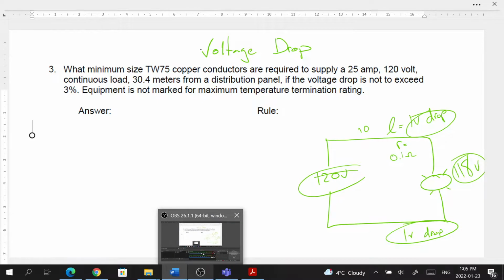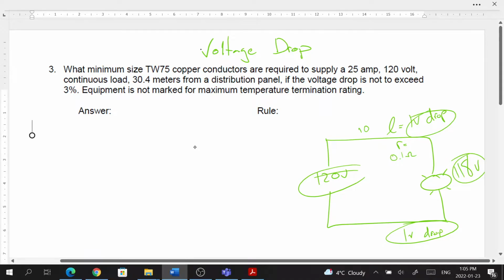So there's a rule in the code that talks about not exceeding a 3% voltage drop on a particular branch circuit. So in this particular case, if we took our 120 and multiplied it by 0.03, we would not be able to afford more than a 3.6 volt drop on our conductors.